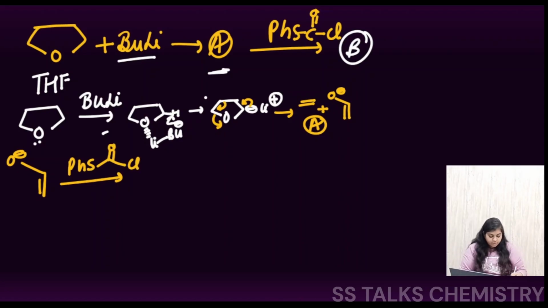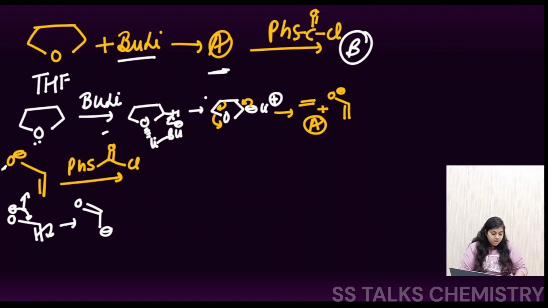So now we have here for the enol two positions for the attack. One is through this oxygen center and the other is that after the tautomerization of it, this electron density is shifted and the electron density is at this position. So we have here the carbonyl, and this carbon is having the negative charge.